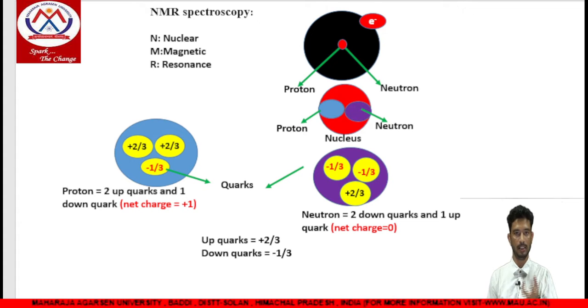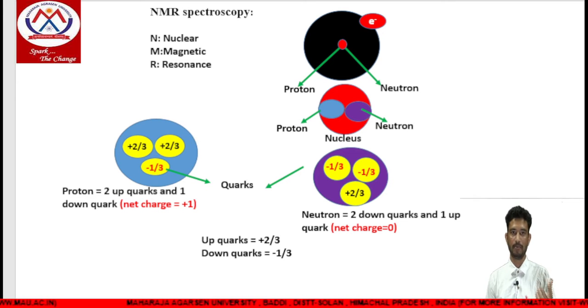Whenever we have a charged body, it may be positively charged or negatively charged, and whenever it moves or shows some motion, it will generate magnetism. So we can conclude from this slide that atoms behave as teeny magnetic particles, or teeny magnets.